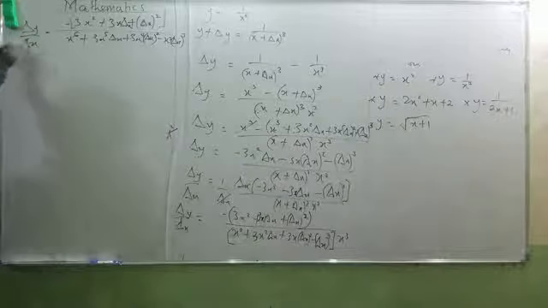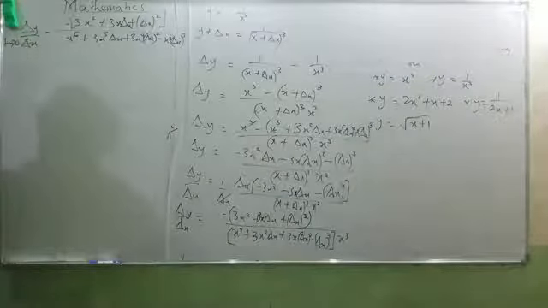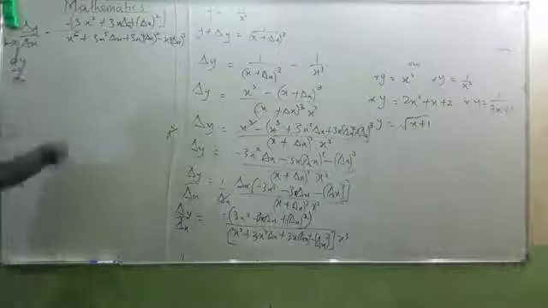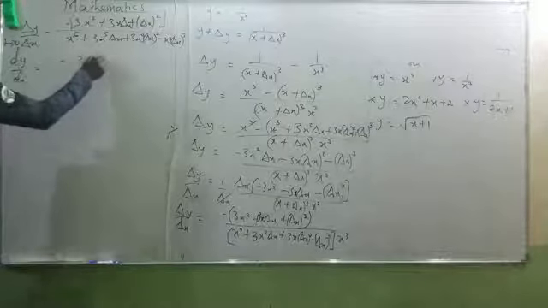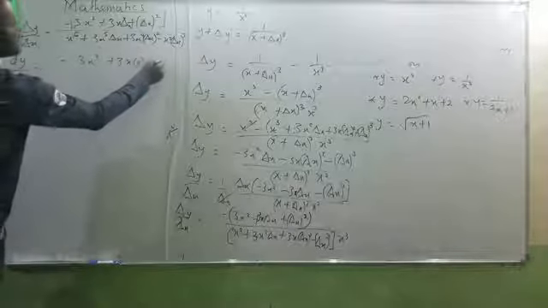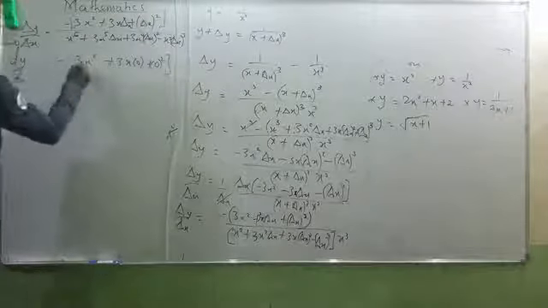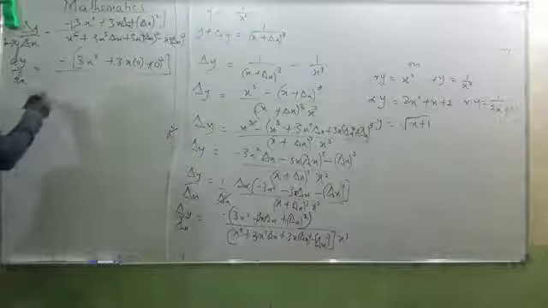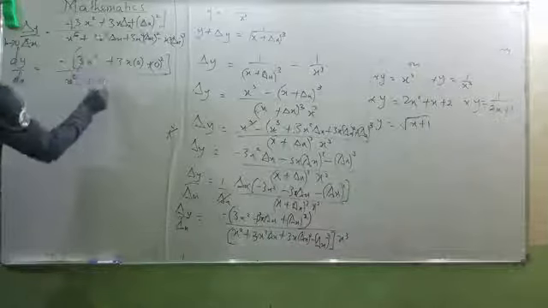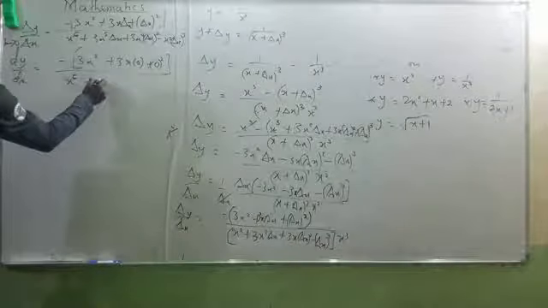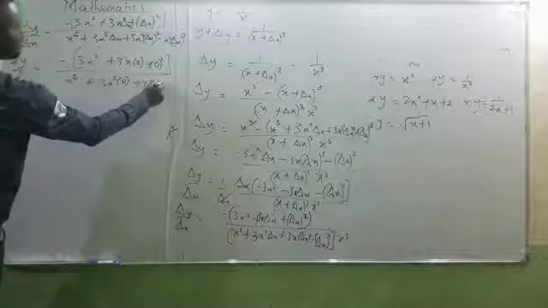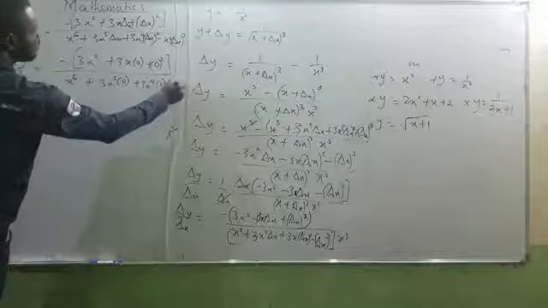Now, I can now limit this to what? To delta x tends to 0. The delta x equals 0, which is I'll have dy/dx will be equal to minus 3x squared. Everything becomes 3x bracket of 0, which is 0, squared, divided by, also I'll be having x cubed plus 3x^5 bracket of 0 plus 3x^4 bracket of 0 plus x^3 bracket of 0 cubed.